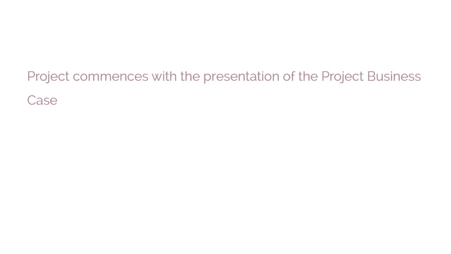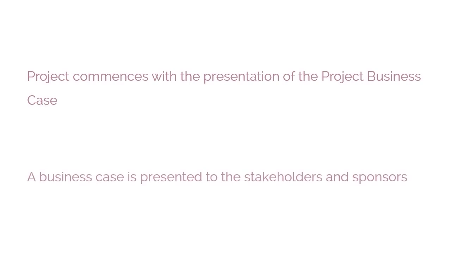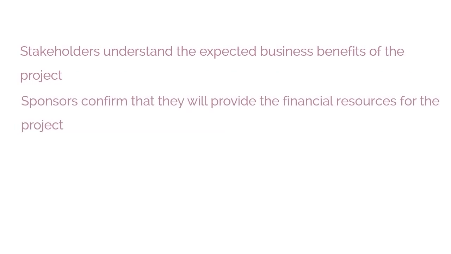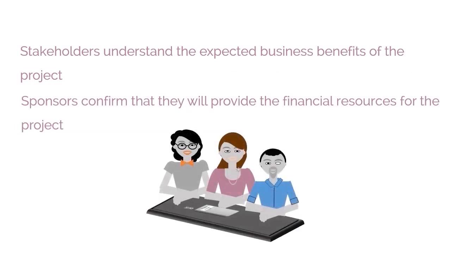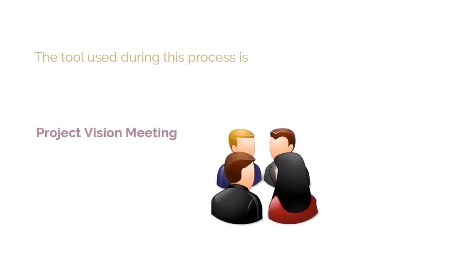The project commences with the presentation of the project business case. A business case is presented to the business stakeholders and sponsors. The business stakeholders understand the expected business benefits of the project, and the sponsors confirm that they will provide the financial resources for the project. The tool used during this process is Project Vision Meeting.